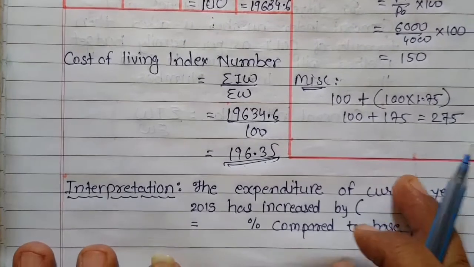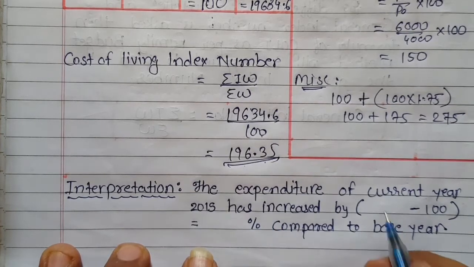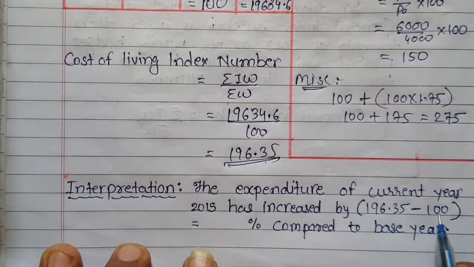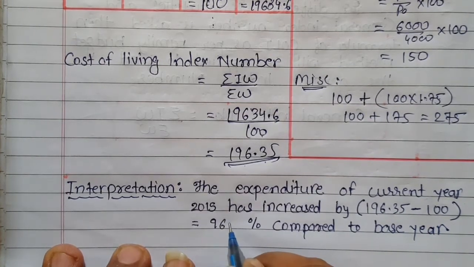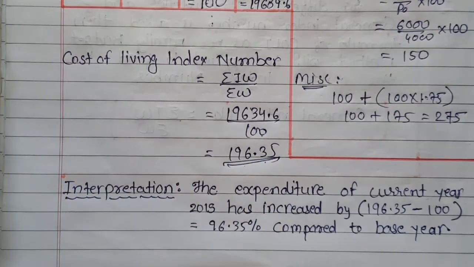Now for interpretation, you have to remember this line: the expenditure of current year 2015 has increased by, just write down the index number you have found and subtract 100 from that. So you will get 96.35% compared to the base year.